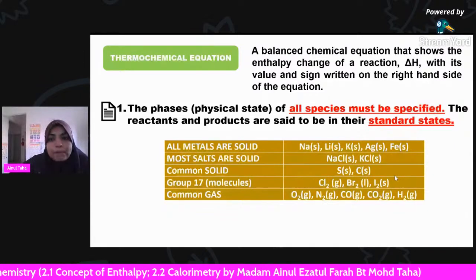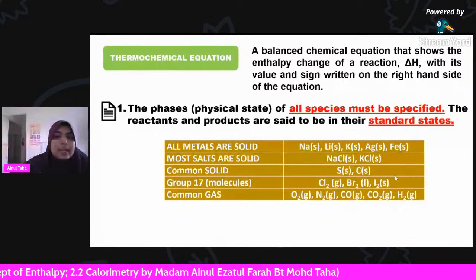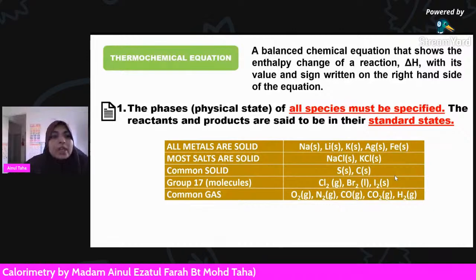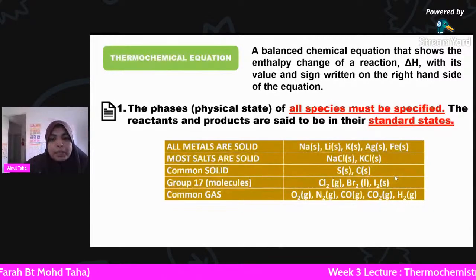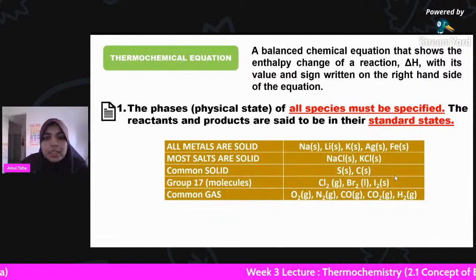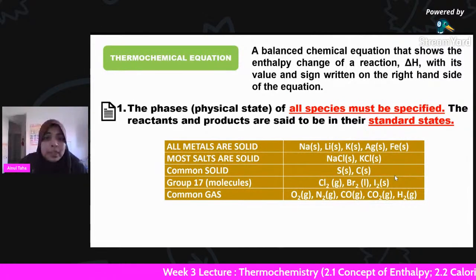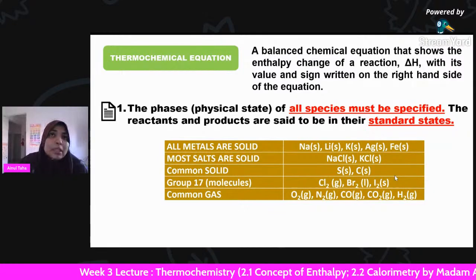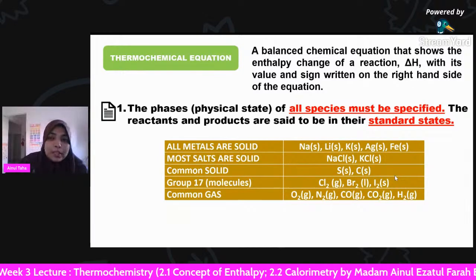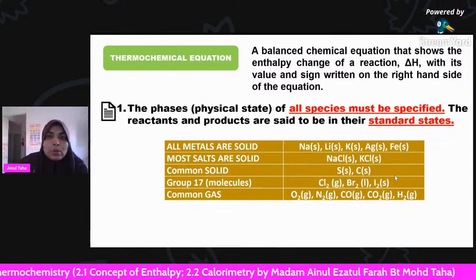Sodium chloride, KCl, also solid. Common solids are sulfur and carbon, because carbon is the most abundant on earth, so we always see carbon in the form of solid.